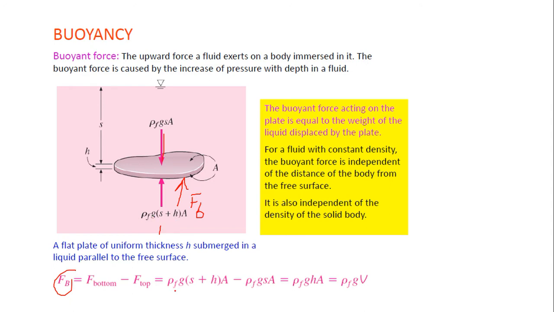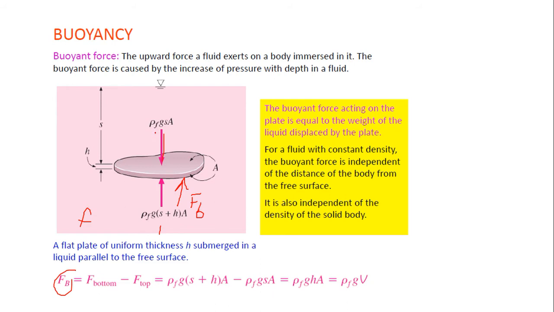F bottom is rho of the fluid, whether water or oil or any fluid, times the gravity, times S plus H. How do you get S plus H? This is the distance from the free surface of the fluid to the top of this body, plus this other distance, the height H here. So at the bottom it is S plus H, times A, the area of this body, minus the one acting in the opposite direction.